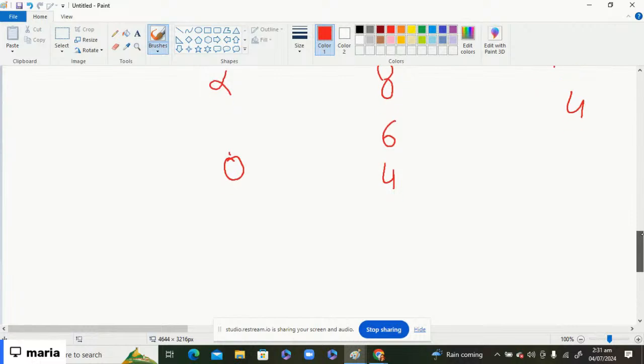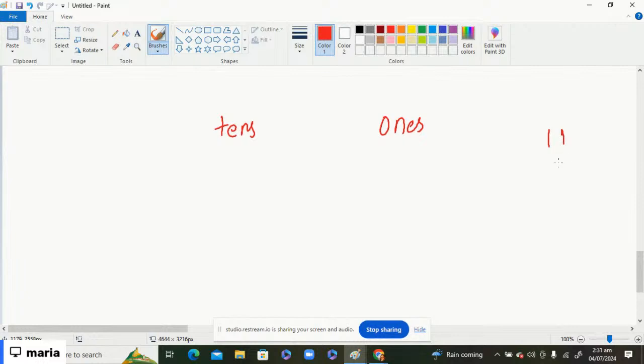But if you have numbers like 11, 12, two digits together, 22, 37, 41, you always put the right side digit under the ones and the left side digit under the tens. So for 41, you put 1 in the ones place and 4 in the tens place.